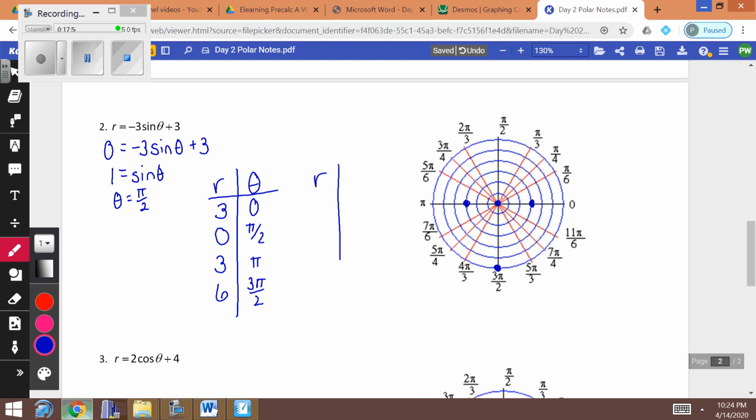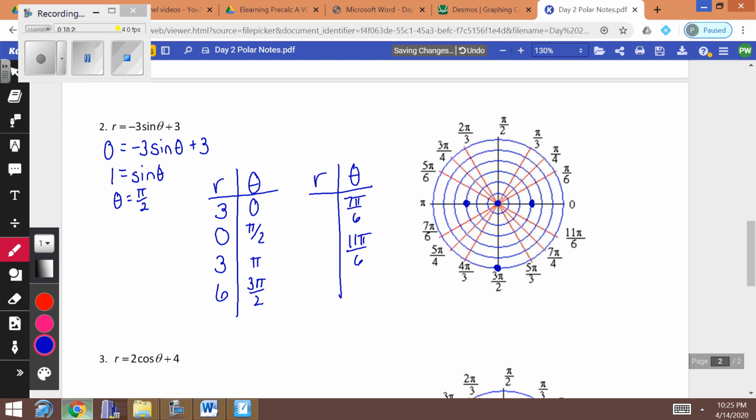Like we said before, let's come up with some other values to help us out. Let's pick where it's either positive 1/2 or negative 1/2. I like to think about the negatives just because I'm going in that bottom direction right here, but I'll maybe do the positives as well. Where is the sine negative 1/2? That's going to be at 7 pi over 6 and at 11 pi over 6.